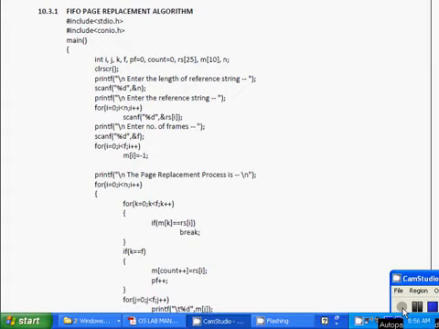To determine the number of page faults for a particular reference string and page replacement algorithm, we also need to know the number of page frames available. Obviously, as the number of frames available increases, the number of page faults will decrease.